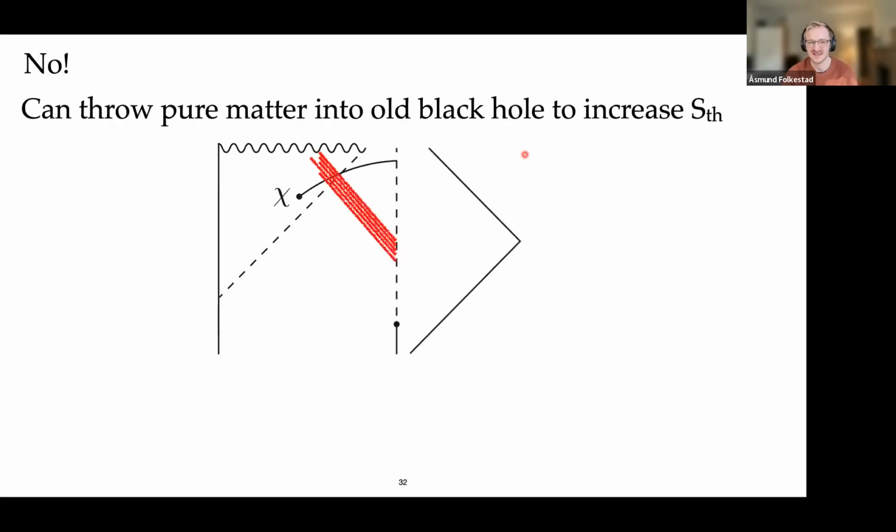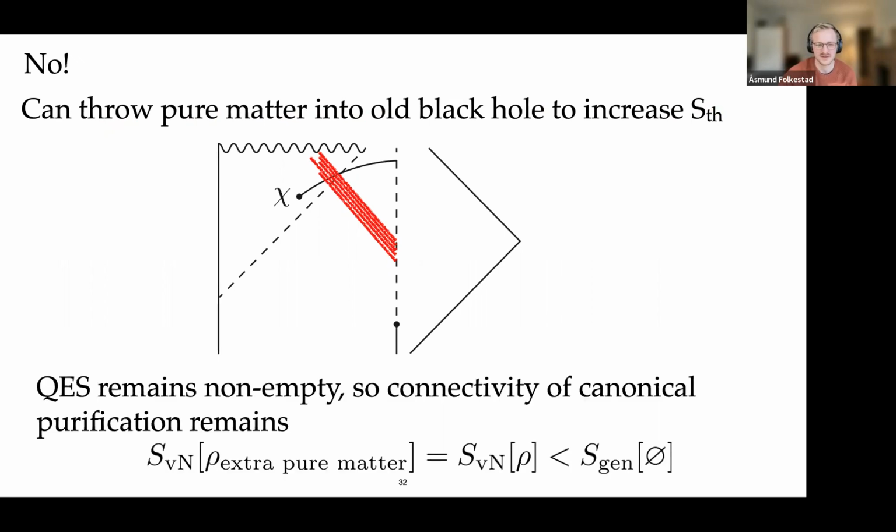That cannot be the case either, because we can throw pure matter into an old black hole to increase the thermal entropy, but the fine-grained entropy is unchanged because it's pure matter we throw in. And the QES will remain non-empty, so connectivity of the canonical purification will remain. We can see this as follows.